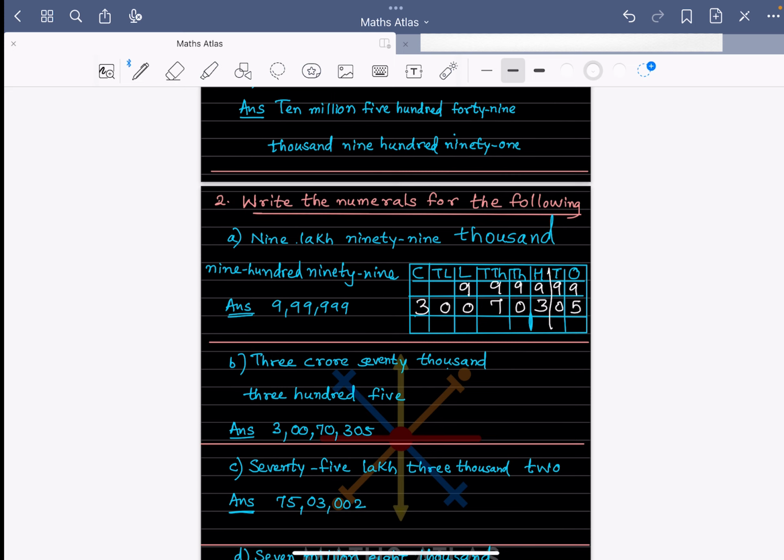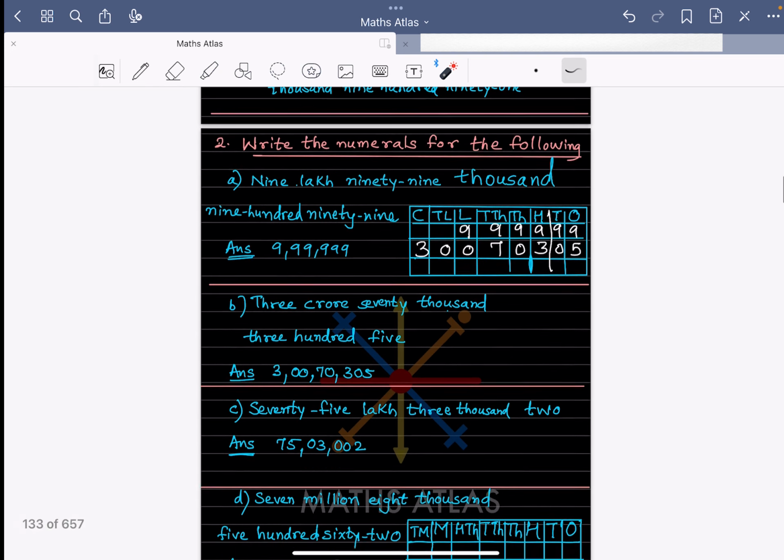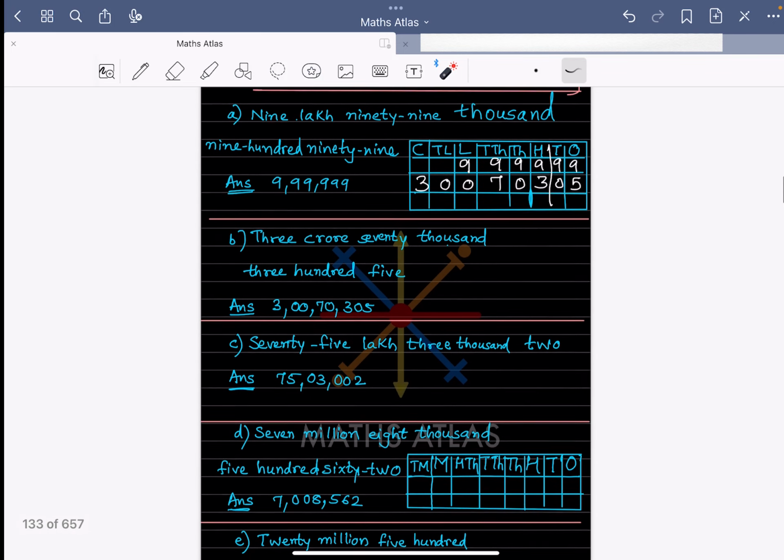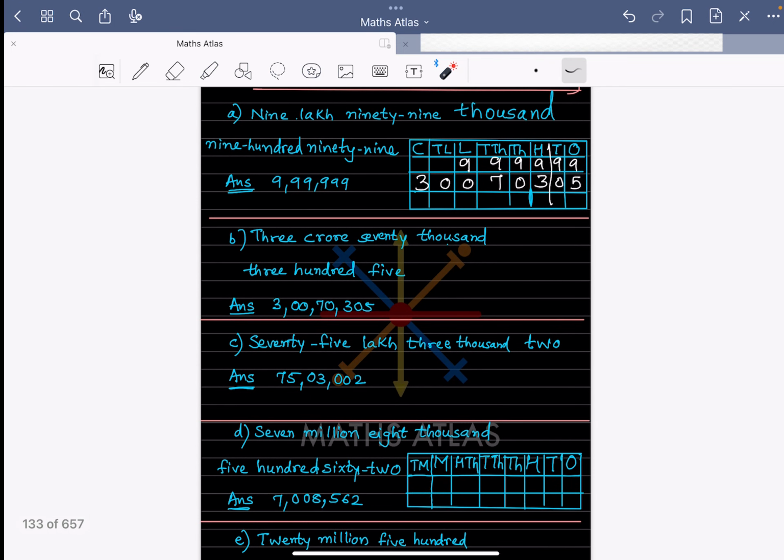So again, because this is in the Indian system, we are going to put 3, 2, and 2. And for the last one, if there is 1 digit left, you will just put it, otherwise 2. Okay, so the last digit doesn't matter, whatever it is. Now we will go for the next example. That is 75 lakhs 3002.